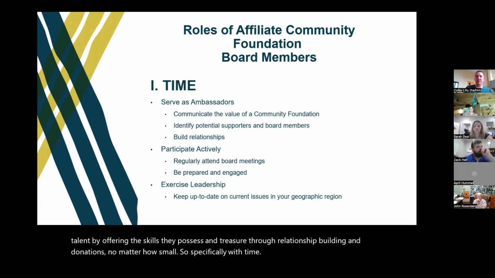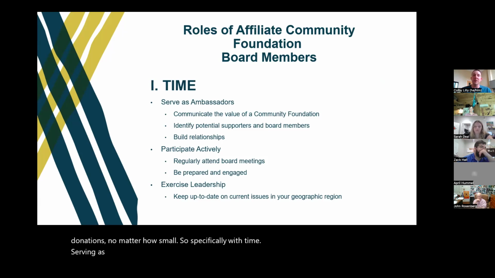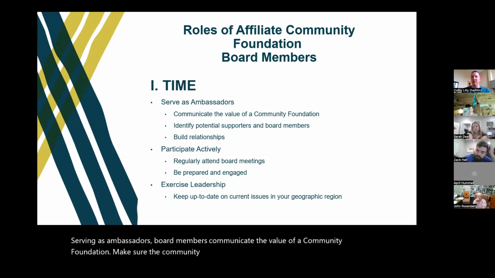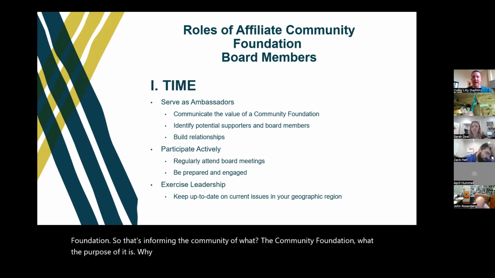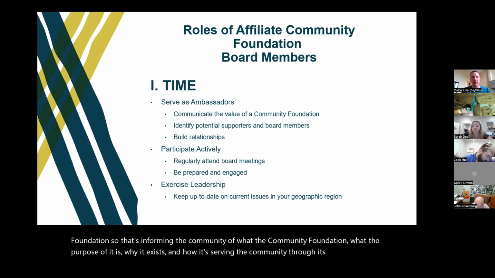serving as ambassadors, board members communicate the value of a community foundation, make sure the community knows why it's important to have a community foundation. So that's informing the community of what the purpose of the community foundation is, why it exists, and how it's serving the community through its charitable purposes.